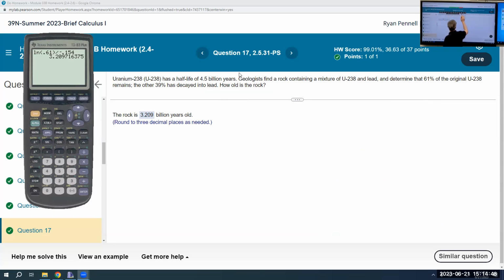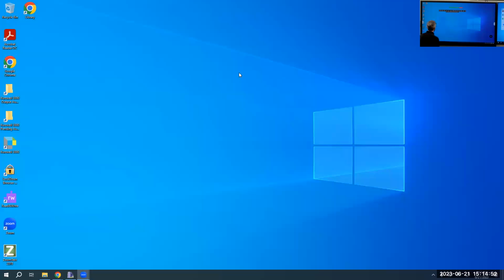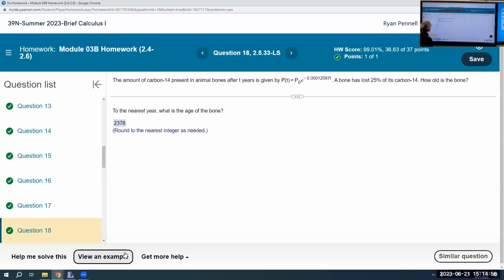I think we have one more of that type that I want to talk about. The amount of carbon-14 present in animal bones after t years is given as this function. A bone has lost 25% of its carbon. How old is the bone? It sounds like I'm solving for time.